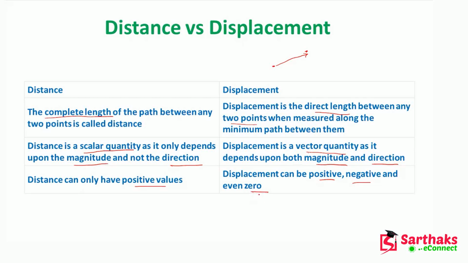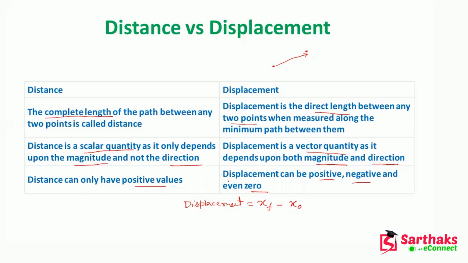Positive, negative, zero. Fine. What is the displacement? Displacement, that was xf minus x0. Okay. So this will be positive if xf is greater than x0, right? Xf is greater than x0, then it will be positive.